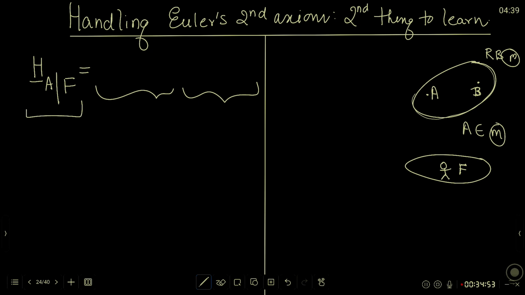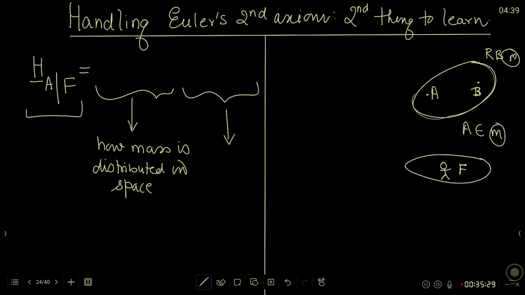The first quantity that I want here is how mass is distributed in space, as far as the RB is concerned. And the second thing I want here is angular velocity of RB.